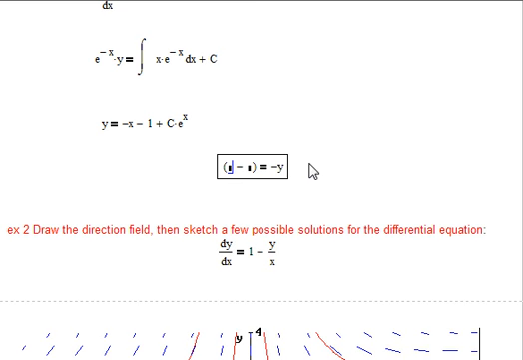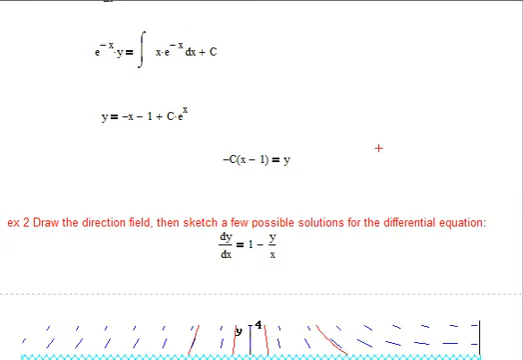Let me try this again. Negative c times x minus 1, that's what I was trying for, equals positive y. And so really it's just y equals negative cx plus c. So they're just lines with slope negative c.